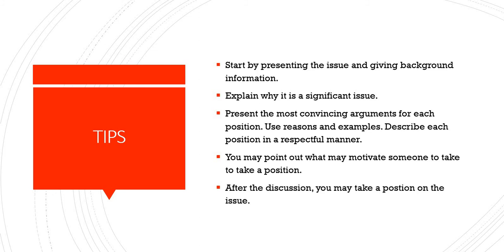As I told you before, you need to provide evidence. You need to explain and let your reader know why your position is the right one. Of course, you need to talk about positive aspects of that subject.